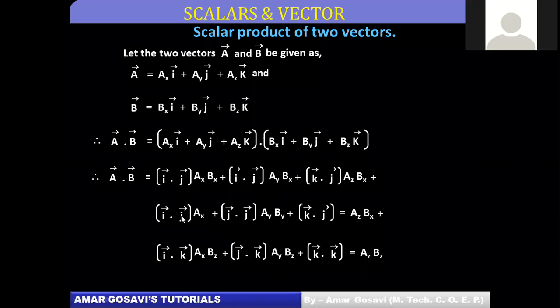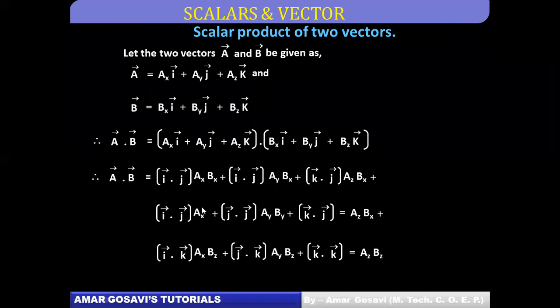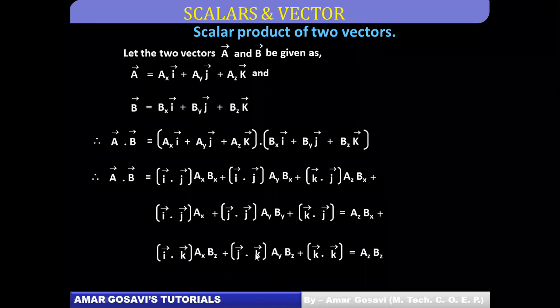i cap dot j cap will be 0. You can put it as 0 over here. j cap dot j cap will be 1. k cap dot j cap will be 0. Here you can see again i cap dot k cap is 0. This is something which you have studied. j cap dot k cap will be 0, but k cap dot k cap will be 1.